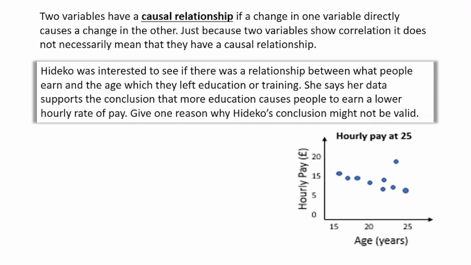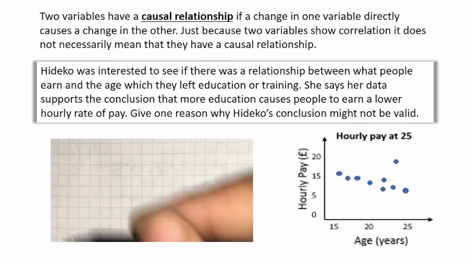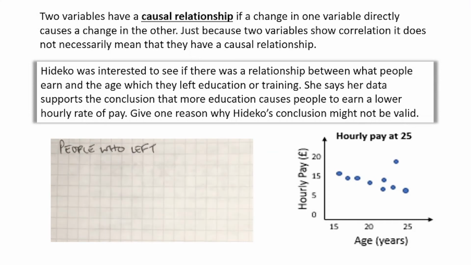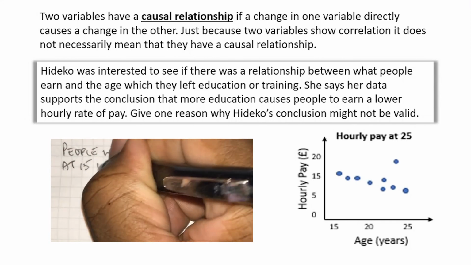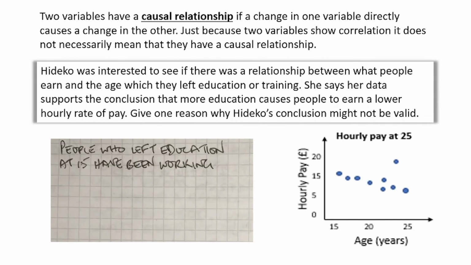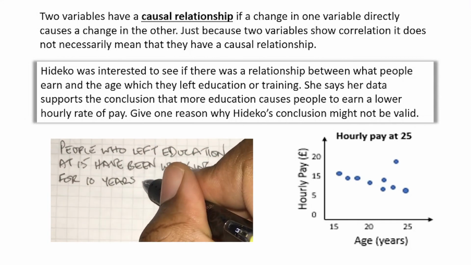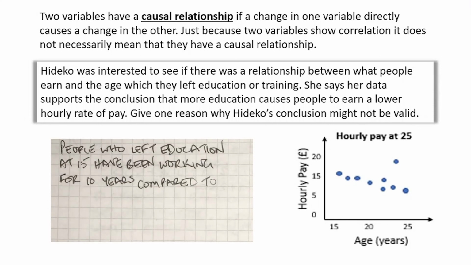Let's compare people who have left education at 15 versus 25. Somebody who left education at the age of 15 may well have had 3 or 4 jobs by now, and each time they're getting better pay from the job they moved to. Whereas somebody who stayed at university up until the age of 25 has potentially got a couple of degrees. Well, they're only going into their first job, and their first job isn't necessarily going to be the highest paying job they're going to achieve, but it is their first compared to somebody else's 4th or 5th.